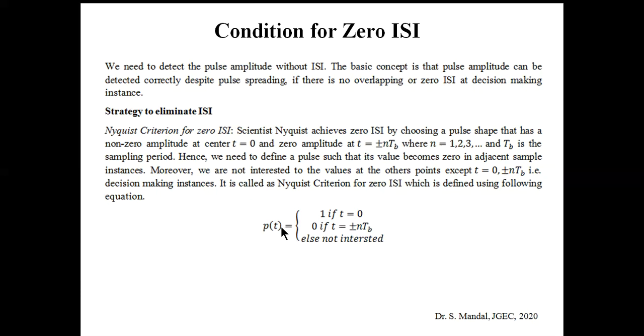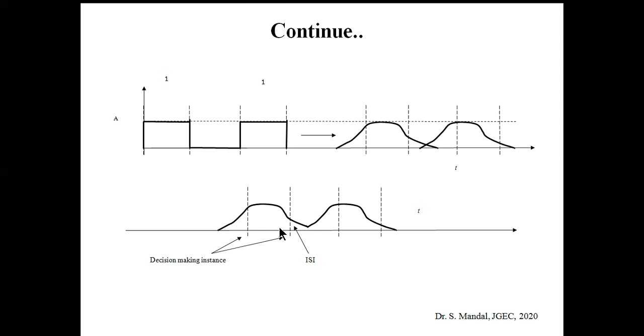Now, the condition for 0 ISI: the basic concept is that the pulse amplitude can be detected correctly despite pulse spreading if there is no overlapping, or 0 ISI, at the decision making instance. This one is the decision making instant, and this one is too.